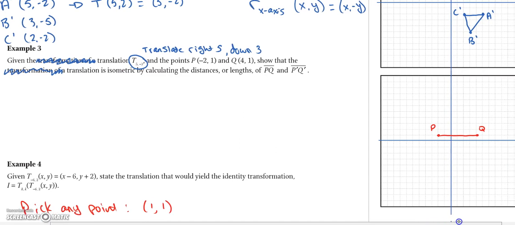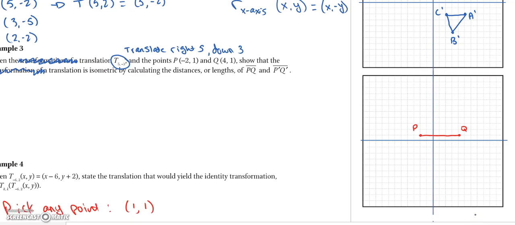I'm going to move each of these points 5 right, 3 down. So P becomes P prime. Here's Q prime.